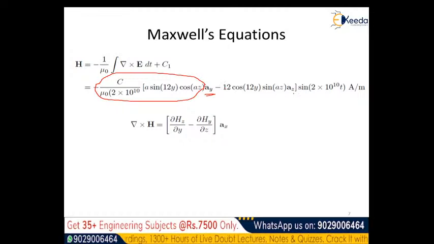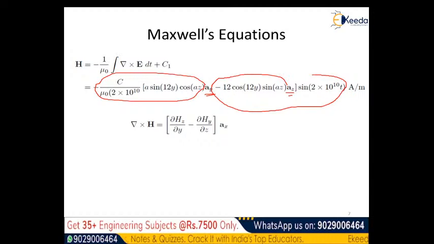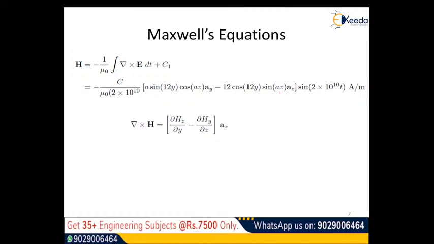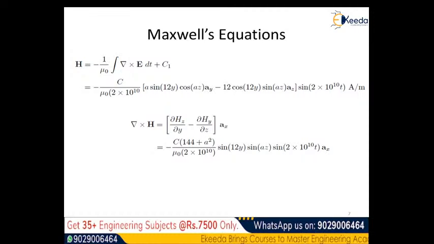Here it is the multiplication by az, so everything that you see like this is basically Hz. Substituting these two into the equation for determining the curl operation, we get the form minus C divided by mu 0.